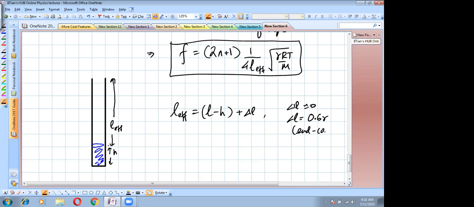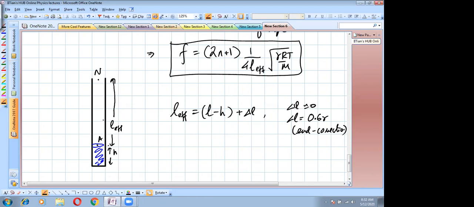So in case you get a question where end correction is also given, you should know that actually the pressure node occurs slightly above the open end, and the antinode occurs exactly like this. If it was fundamental, then there is only one node and antinode.